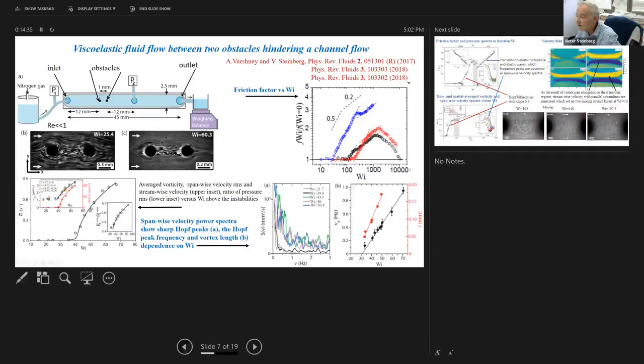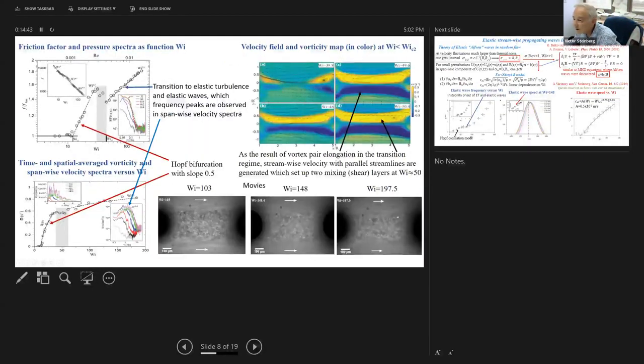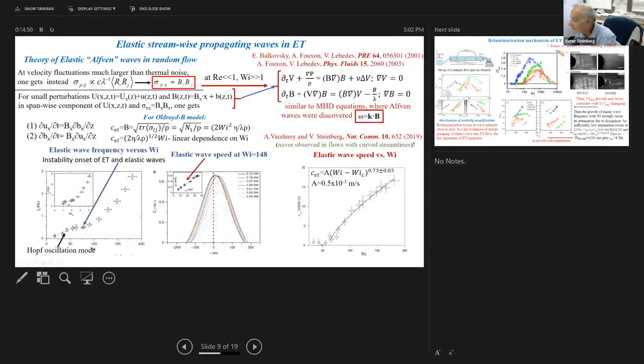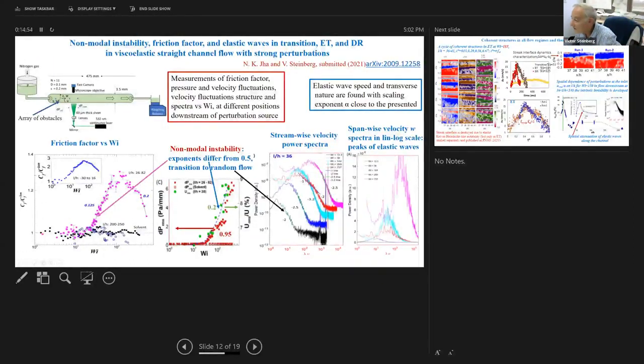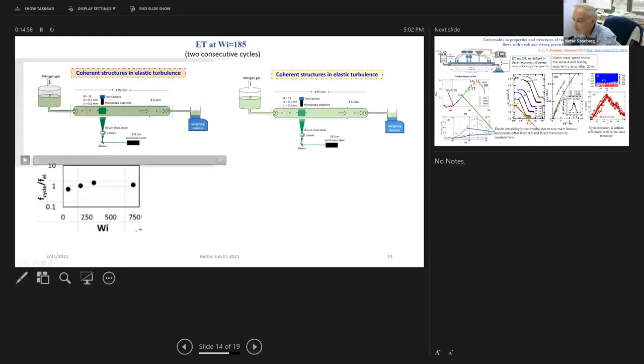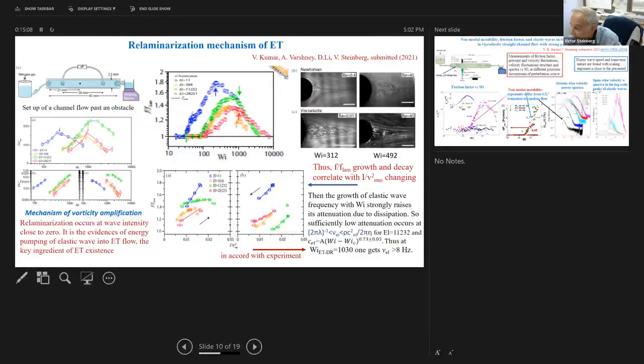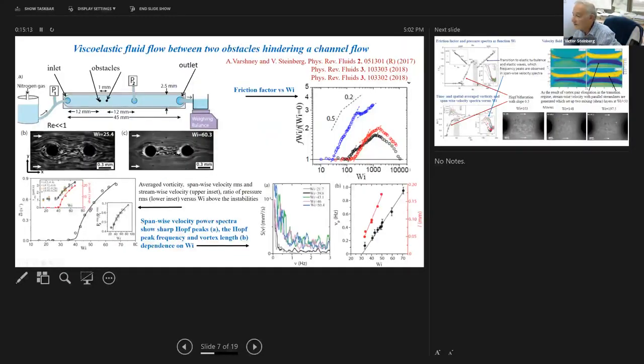This friction factor was measured by measuring the pressure difference between two points. We measure the pressure difference between this point and this point, and we measure the flow rate with a balance, and that gives you information for three different Weissenberg numbers.